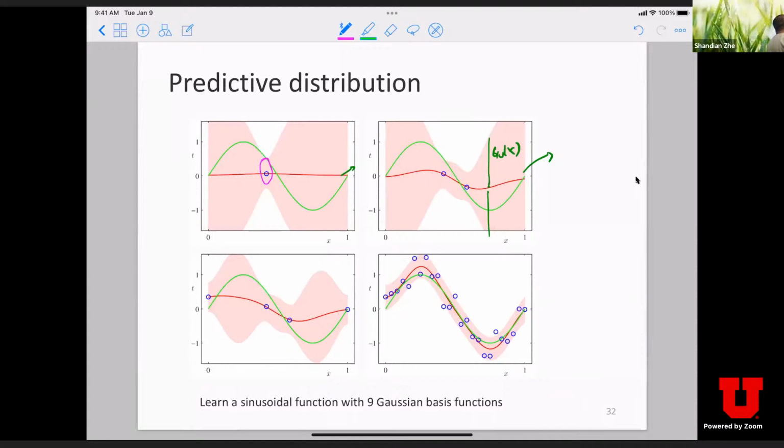But when it's getting far away from the training data, the predictive variance gets much larger, meaning that the current model, trained with only one observation, is quite uncertain about places far from the training examples. Does that make sense?